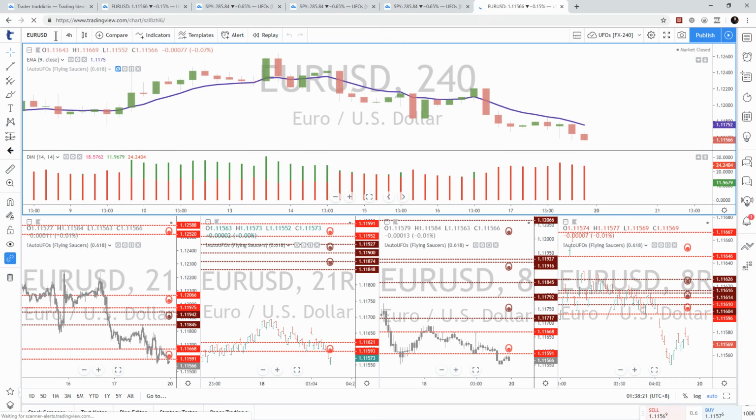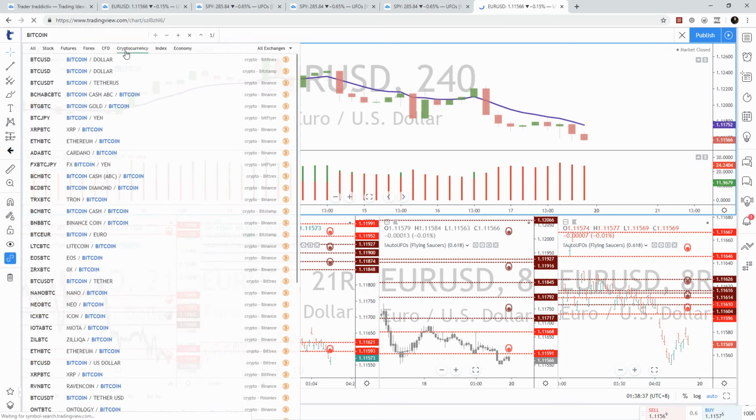To chart the market, you just click in here. Let's say you want to chart Bitcoin. You just type Bitcoin. It's giving me Bitcoin futures because I have selected futures, but if you want to see the real cryptocurrency, you click on cryptocurrency and you can see all the exchanges that trade Bitcoin against the dollar, or against other cryptocurrencies, gold, whatever.